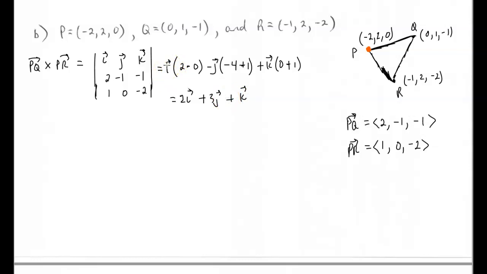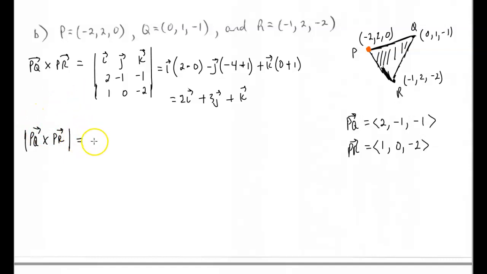And so now that we have that, we can find out what the magnitude of this cross product is. We can use that to find both the area of this triangle here, as well as find a unit vector for the cross product, which will essentially be a unit vector perpendicular to the plane that this triangle is in.